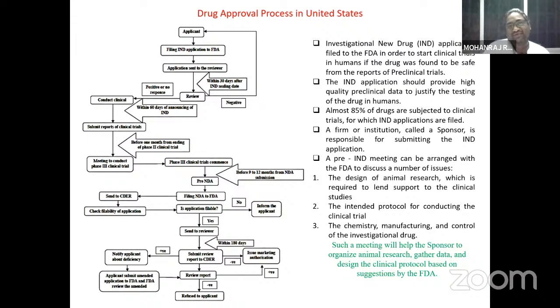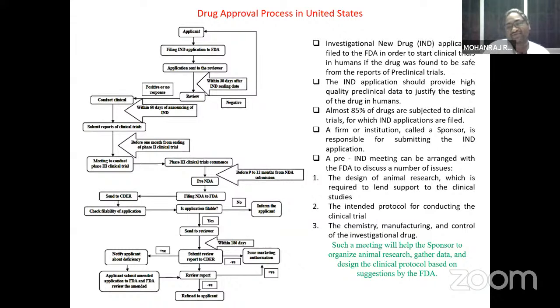Almost 85% of drugs in the United States are subjected to clinical trial, for which an IND application must be filed. This responsibility is taken care of by the sponsor of the particular clinical trial.